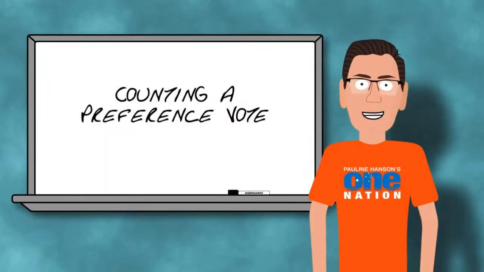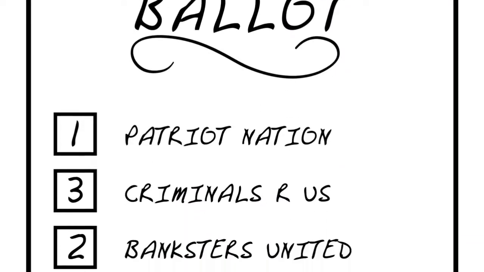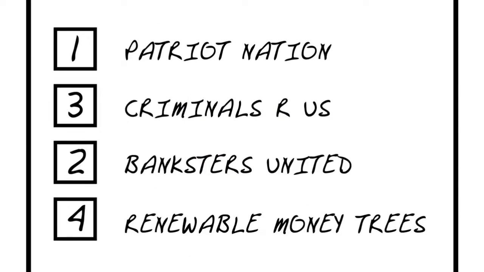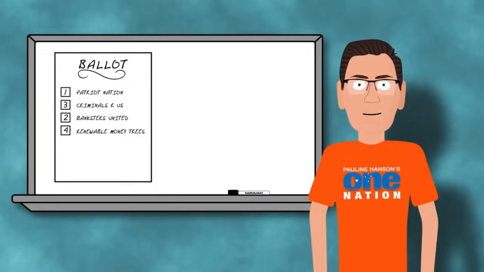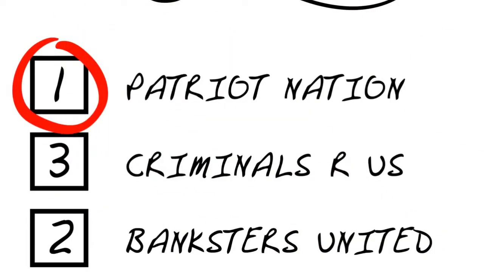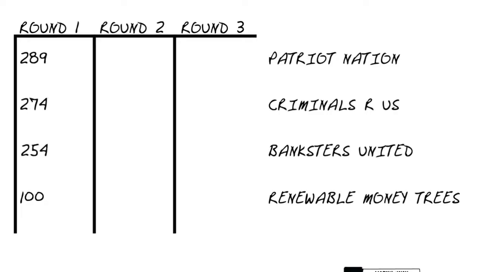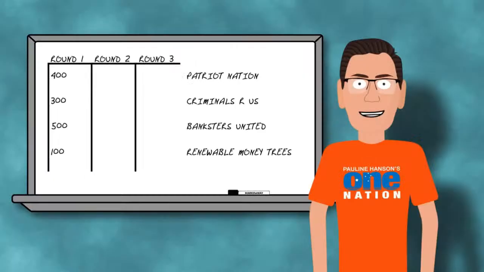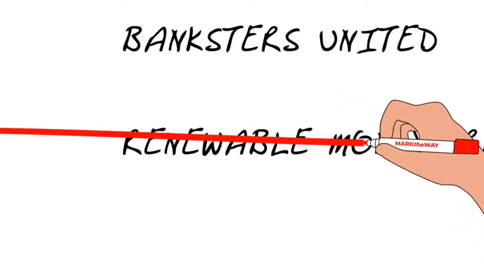Counting a preference vote. The first step is checking each vote is formal by ensuring all the boxes are properly numbered on the ballot paper. Polling officials will then count first preferences by looking for the number 1 next to a candidate's name and allocating the vote to that candidate. Next, the candidate with the lowest number of first preferences is eliminated from the count.